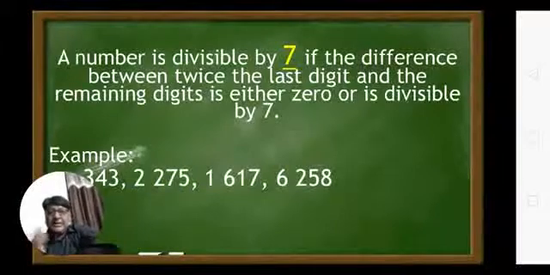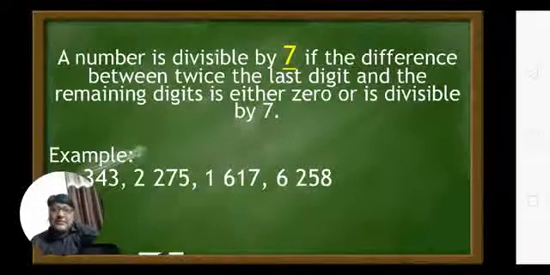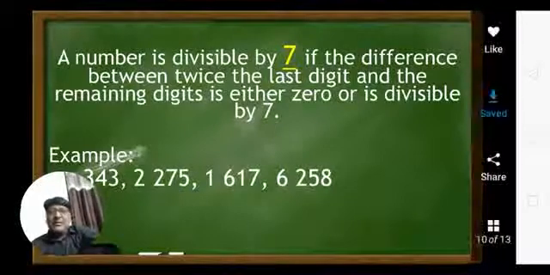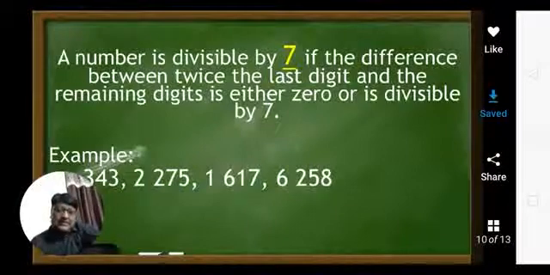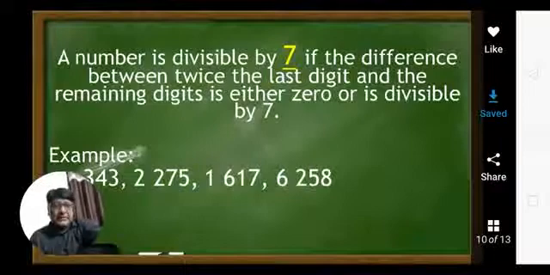Similarly, in 2275, twice of 5 is 10, and if you subtract 10 from 227, the resulting number 217 is divisible by 7. Therefore, 2275 is also divisible by 7.